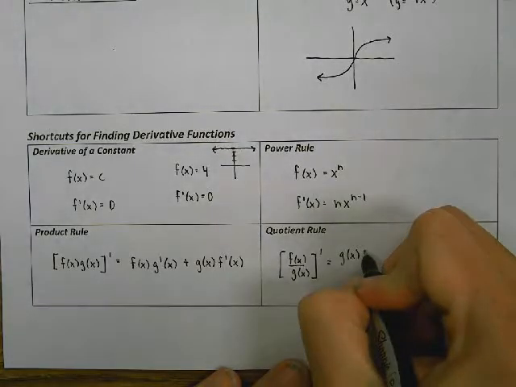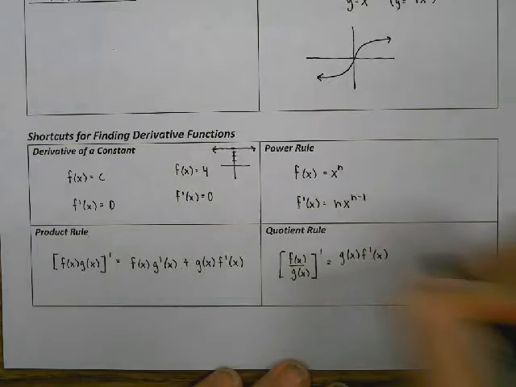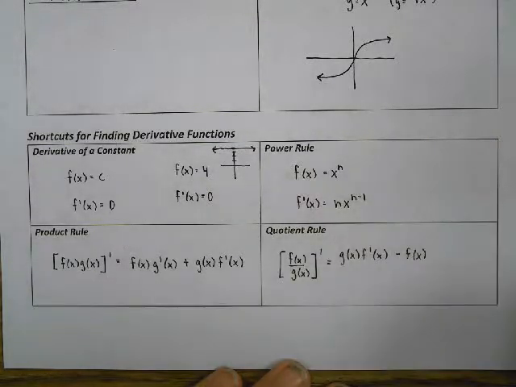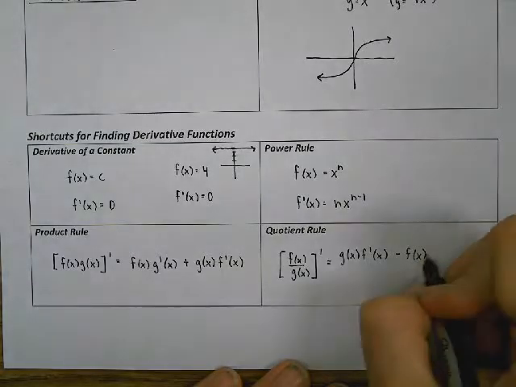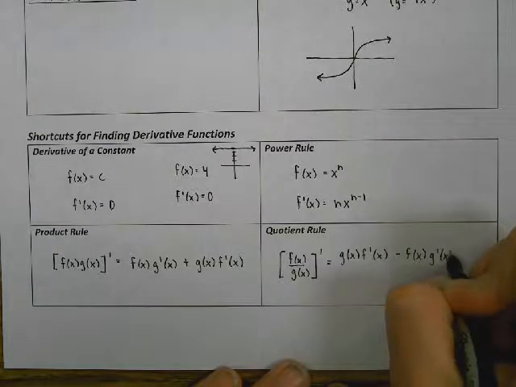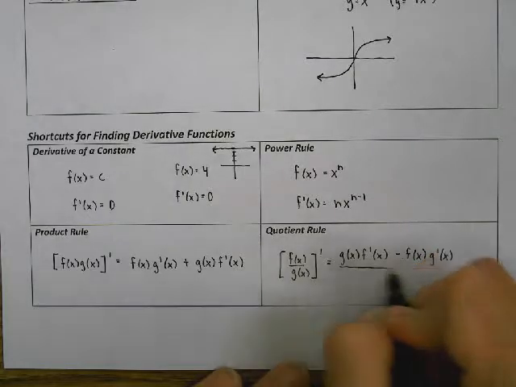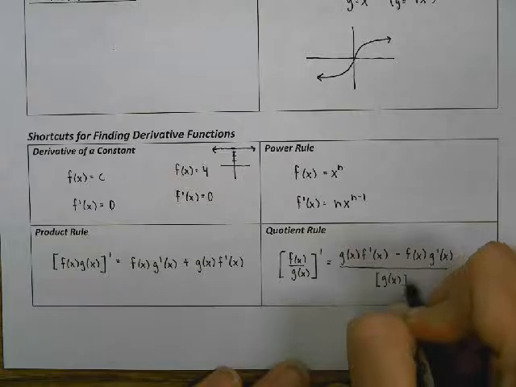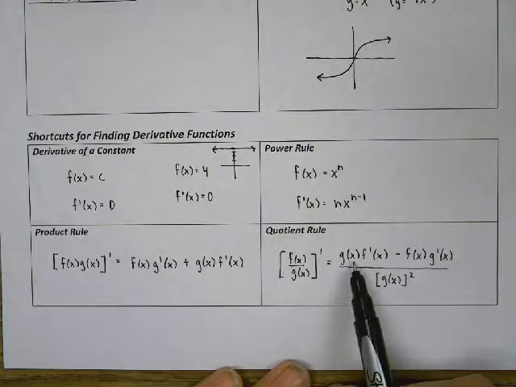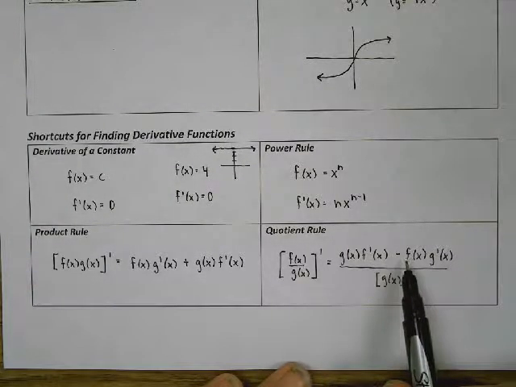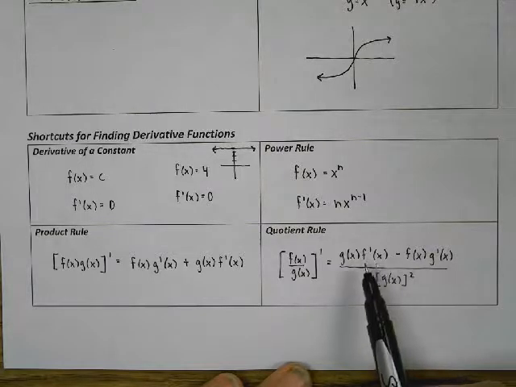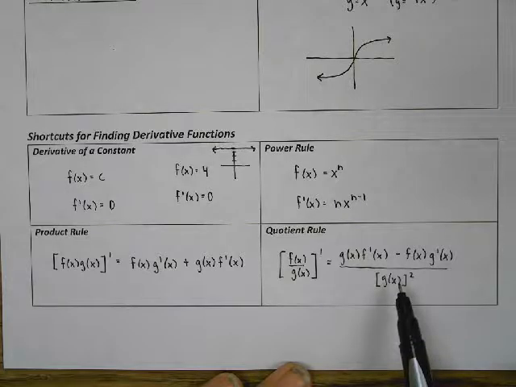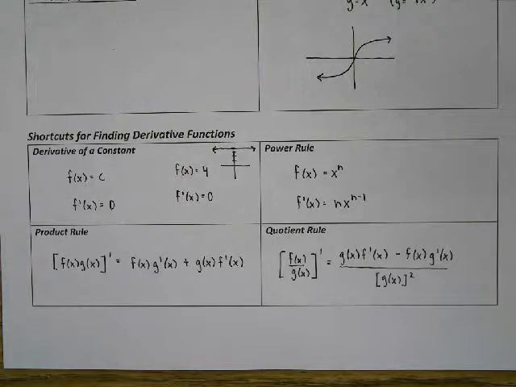So low d high means take the derivative of the function in our numerator, minus high, so I take the function in my numerator, d low, so the derivative of the function in my denominator, all over low squared. So low d high minus high d low, all over low squared.